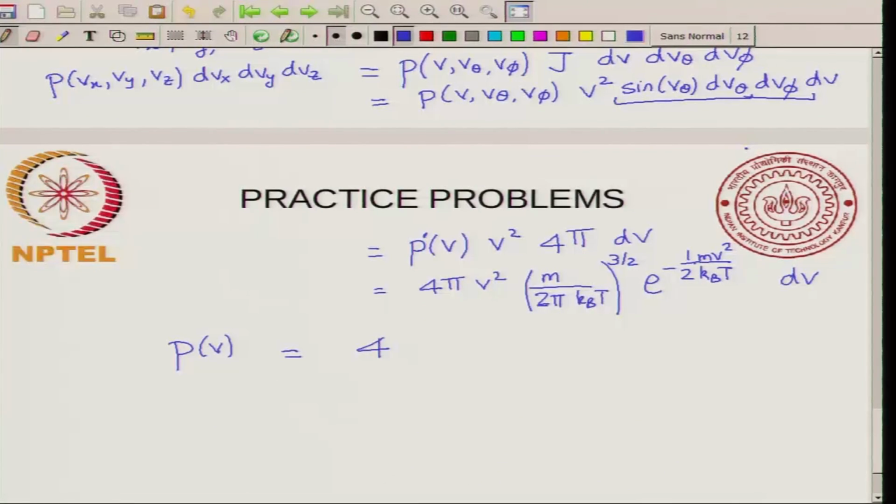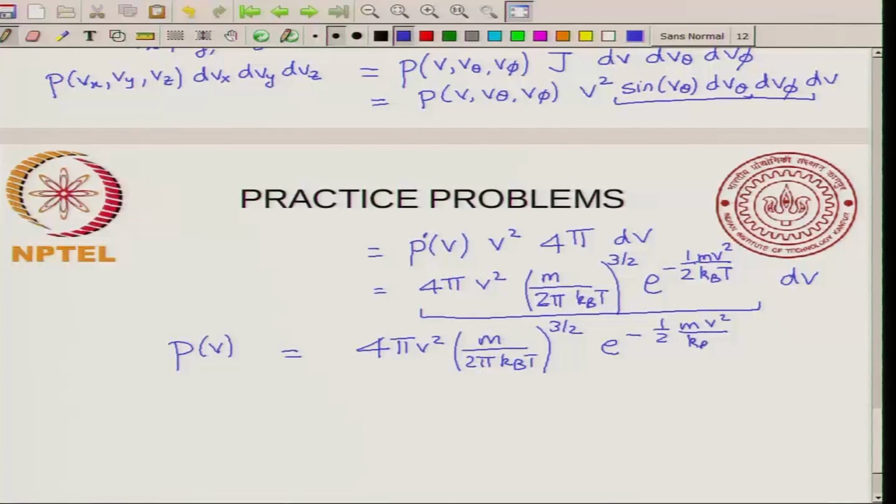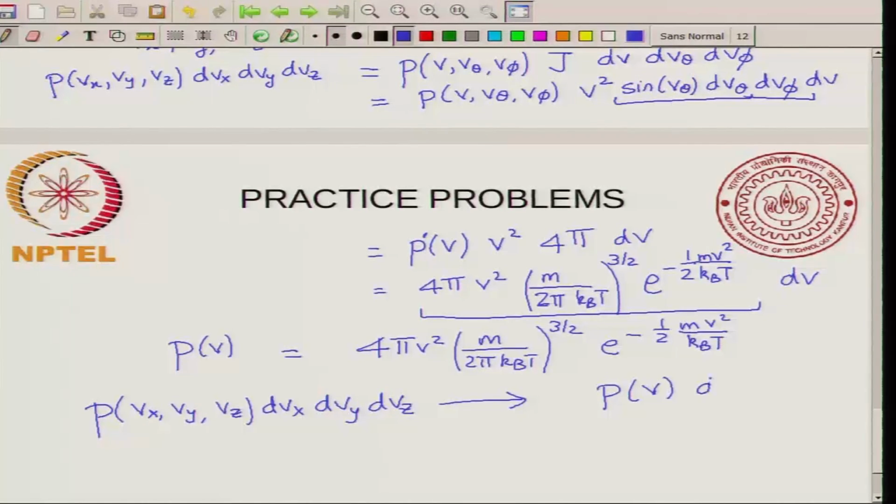So, finally, you will identify this whole thing as p of v: 4 pi v square, m by 2 pi k B T raised to 3 by 2, e to the minus half m v square by k B T. So, once you have this, what we did is we had a p of Vx, Vy, Vz dVx dVy dVz, and you went to p of v dV.